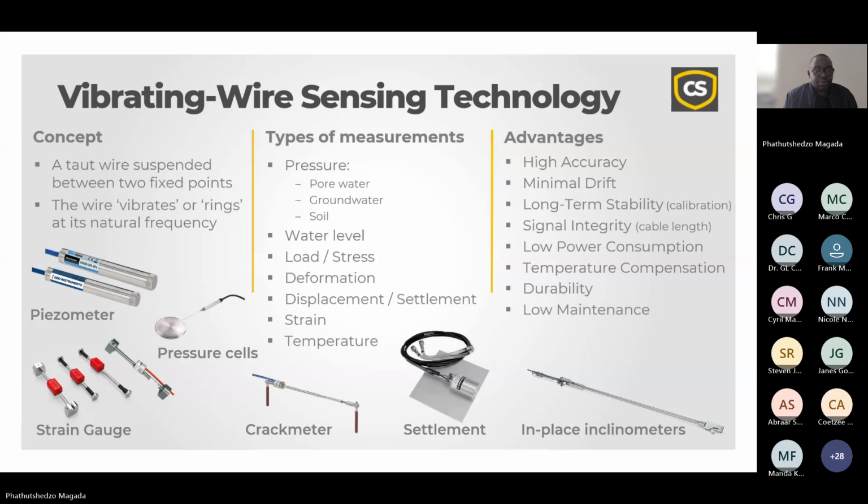We have different vibrating wire sensing technologies that are designed to measure different parameters. I think we have already discussed some of these at the very beginning.